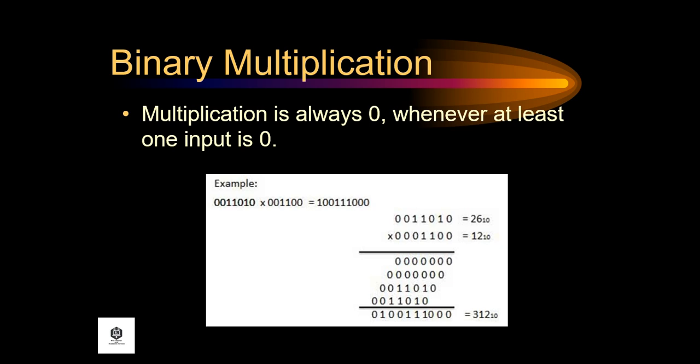For example, 0011010 times 0001100 is equal to 0100111000, or 312 in decimal.